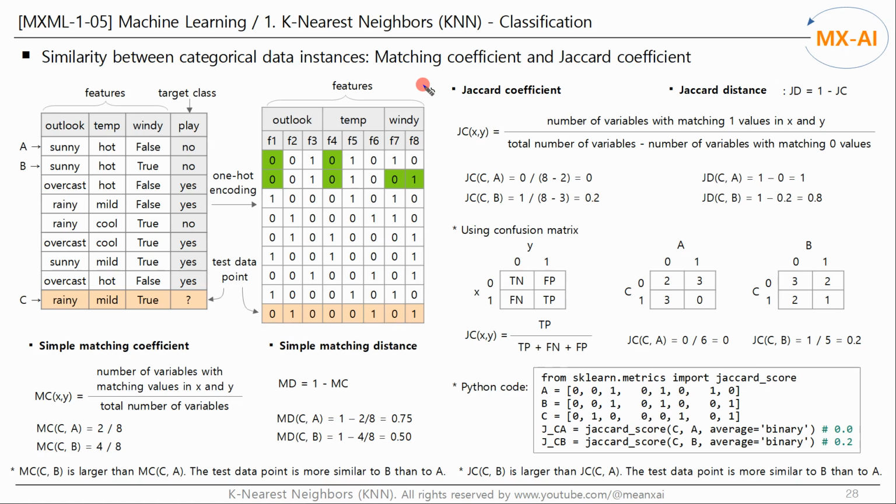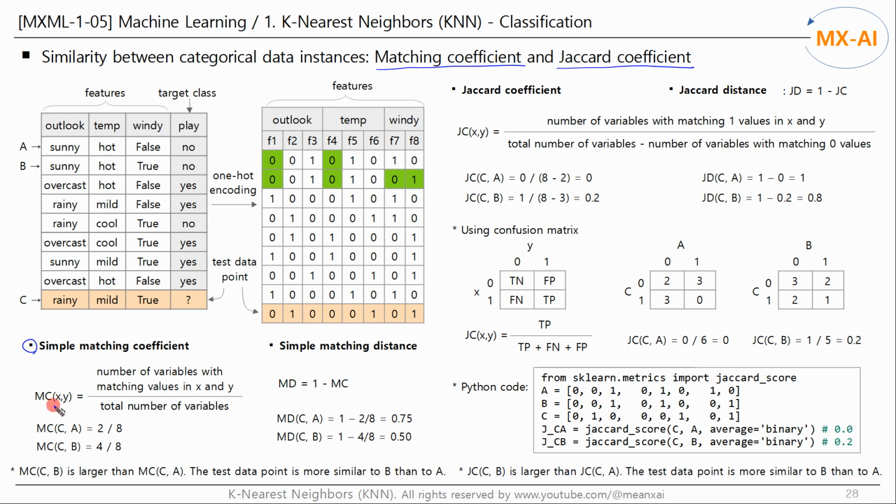Next, let's look at how to compute the similarity or distance between categorical data instances. The simplest way is to use the matching coefficient or the Jaccard coefficient. First, let's look at how to compute the simple matching coefficient.